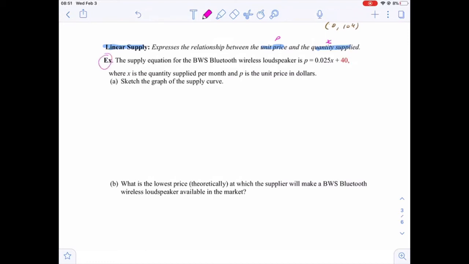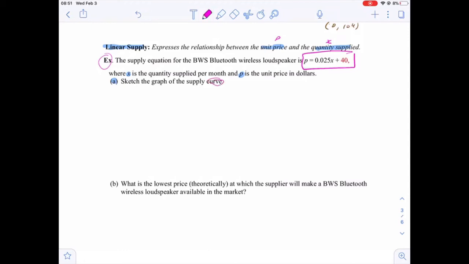The supply equation for the BWS Bluetooth wireless loudspeaker is p equals 0.025x plus 40, where x is the quantity supplied per month and p is the unit price in dollars. We want to sketch first the graph of this function, the supply curve.